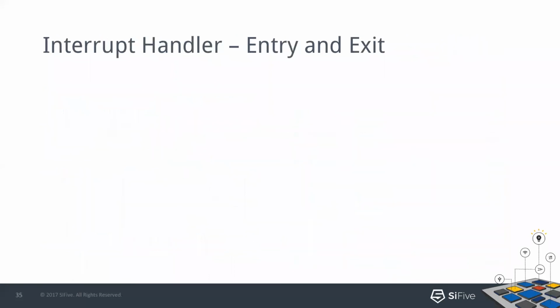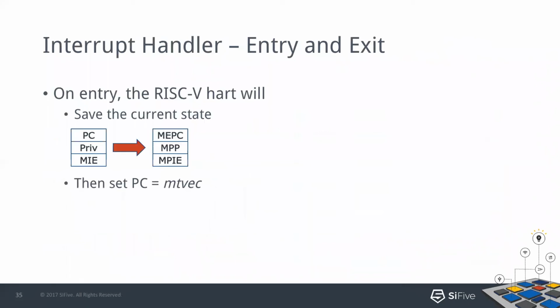So what happens on interrupt entry and exit? On entry, a RISC-V hart will save the current state of the machine. It will copy the program counter into the MEPC control and status register.